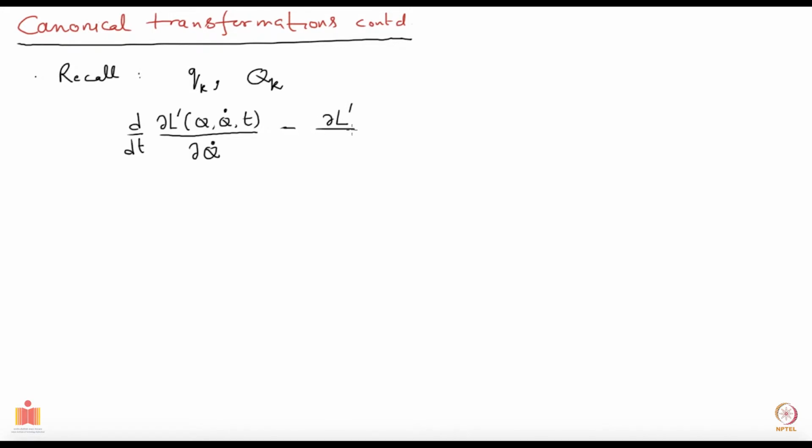The Lagrangian is denoted by L prime here, but L prime is the same as L. Maybe I should write the equation, it will be clear: L prime of Q, Q dot and t is the same as L of q, q dot and t. You take the q's and rewrite them using capital Q. That's all. This is what we have seen already in our discussion of Lagrangian dynamics.